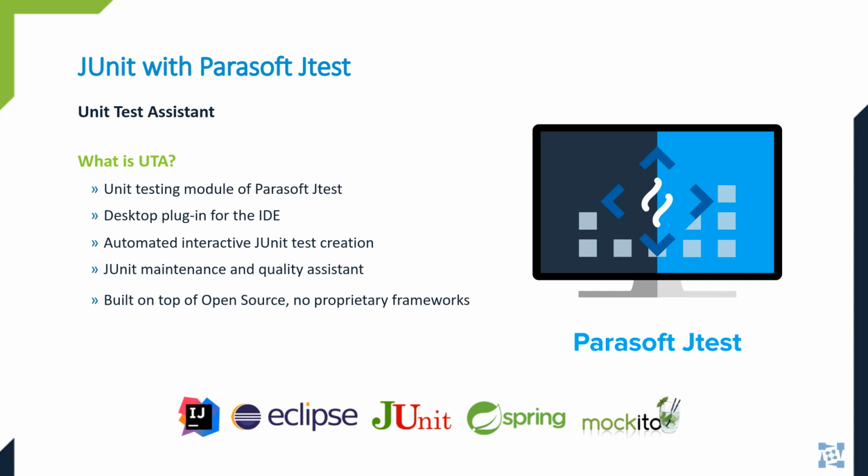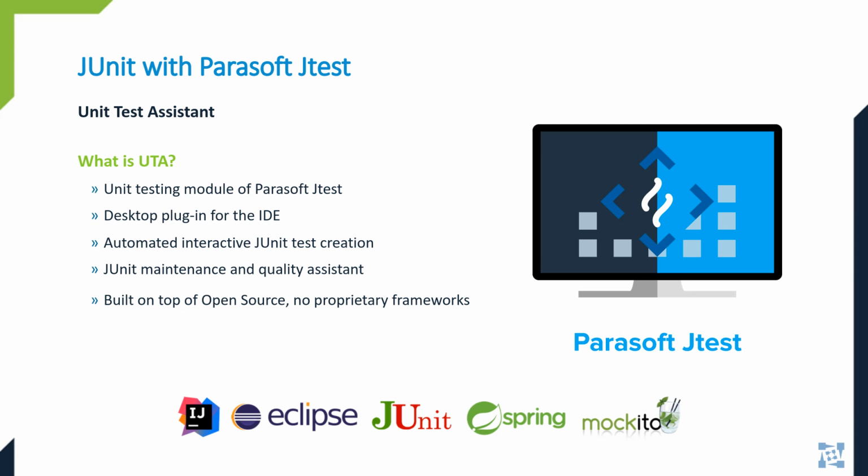Parasoft Jtest. So this is our approach, right? This is what we're doing to help organizations in terms of unit testing. We support JUnit 4, JUnit 5. The unit test assistant takes exactly this approach, right? You have the capability to do bulk creation for your class, for your package, for your project.